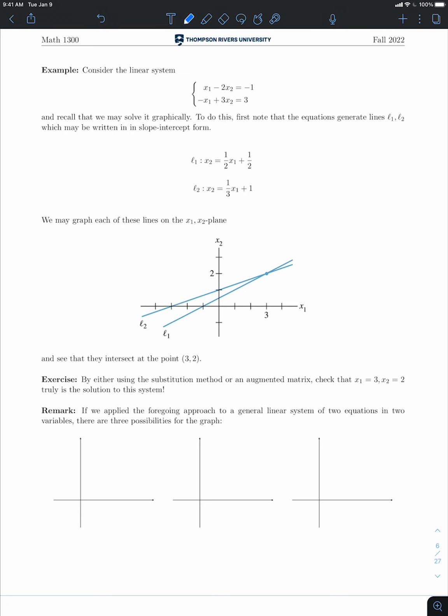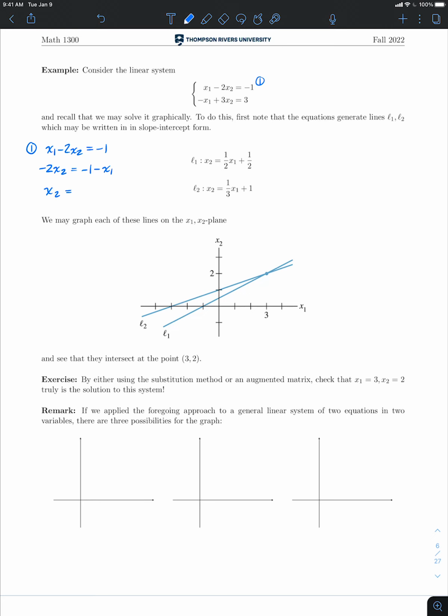For the first, I'll number this as equation 1, and I'll show some work over here. I've got x1 minus 2x2 is equal to negative 1. If I solve for x2, negative 2x2 is equal to negative 1 minus x1. Now, if I divide both sides by negative 2, or multiply both sides of the equation by negative 1/2, I'll end up with x2 on the left-hand side.